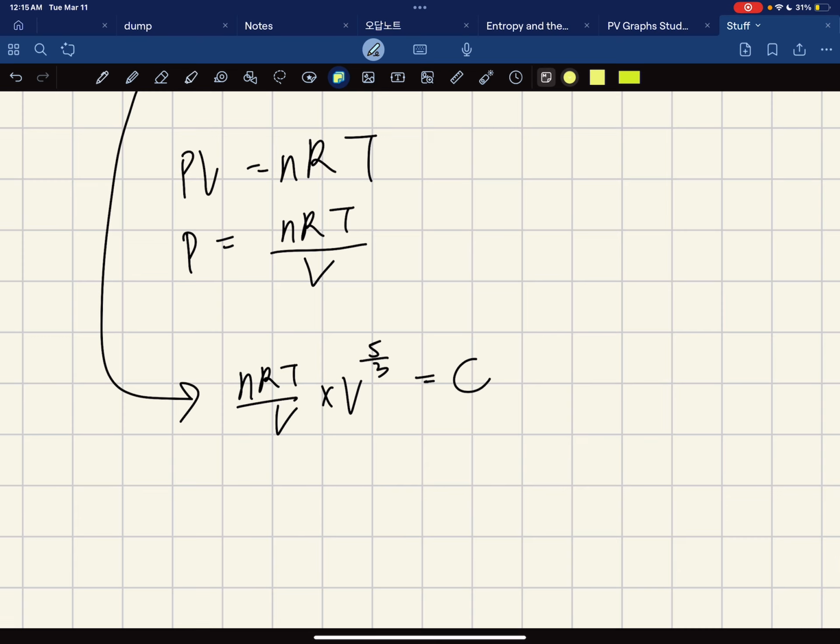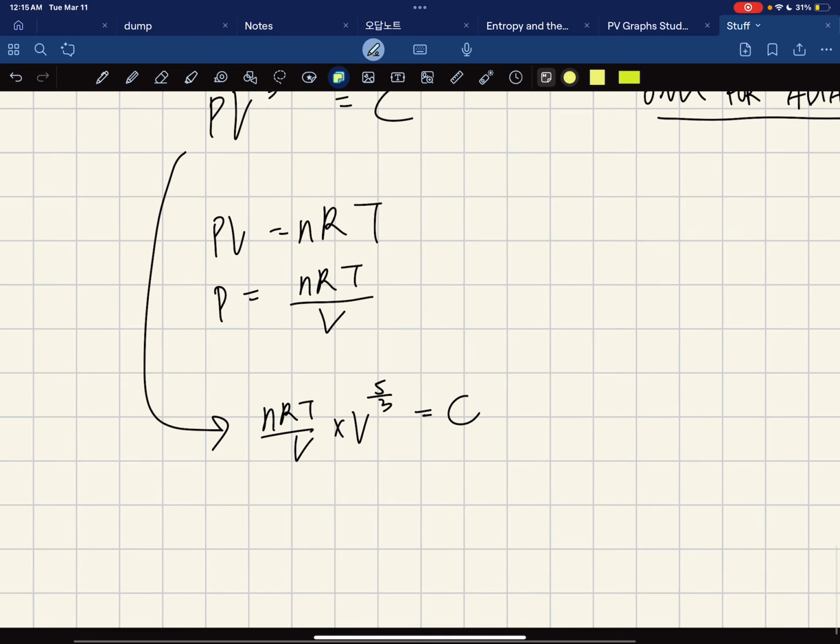And if we simplify this further, we can say that nRT V to the power of 2/3 is C. Remember, the number of moles times the gas constant is going to be a constant. So I'm just going to say nR is some other constant, which I'm going to write as C2.